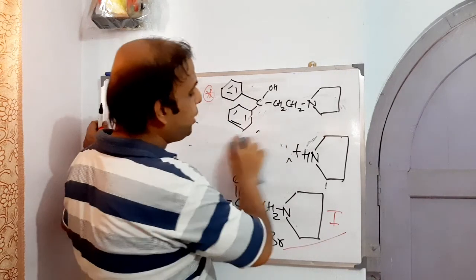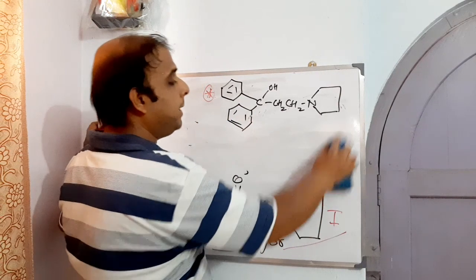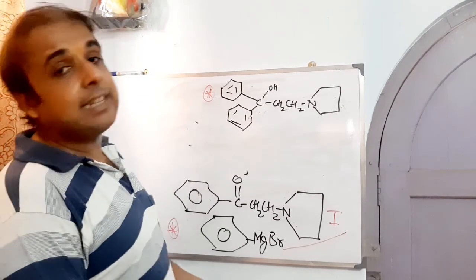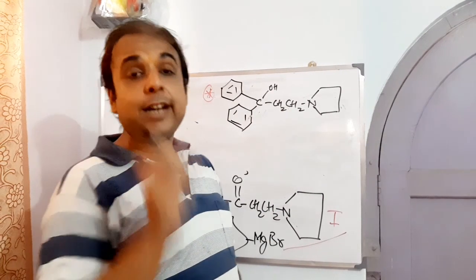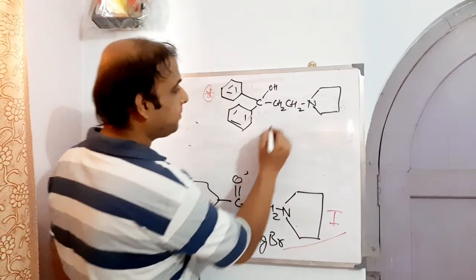So here we know that it is platinum oxide that is meant for hydrogenation, right? So what has to be brought here?